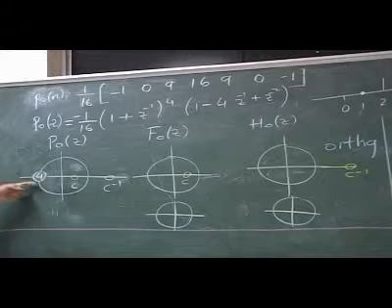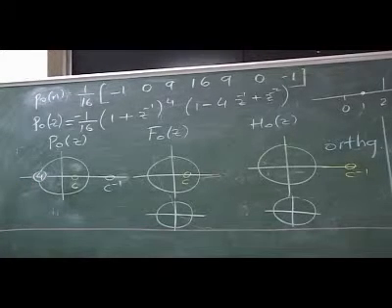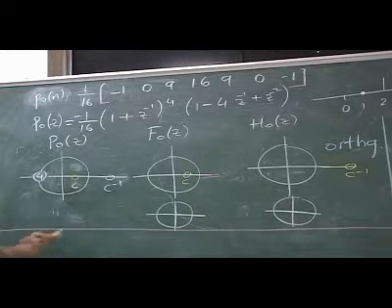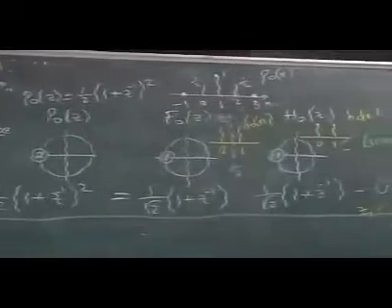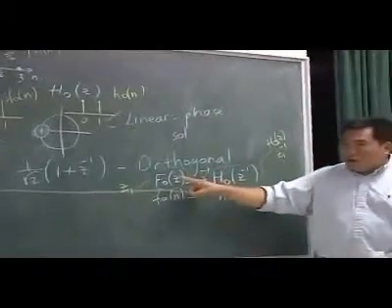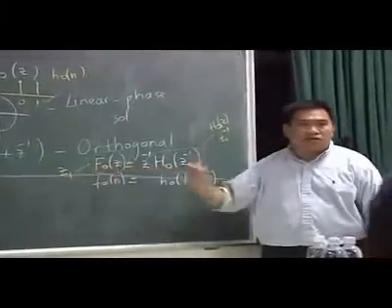How about the zeros at pi, at minus 1? This one has 2. Why is it? Because if you look at this, suppose F naught has 10 zeros.